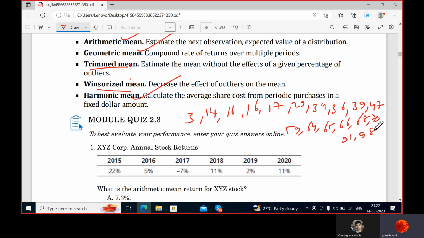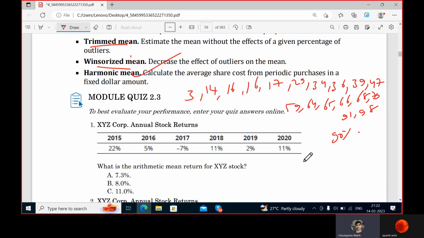I know it's a very big data, so we will do some winsorization here. We will do 90% winsorization. We would first find the 5th percentile and the 95th percentile, correct? So the 5th percentile is like 12.35 and the 95th percentile is, let's say, 92.05, correct?